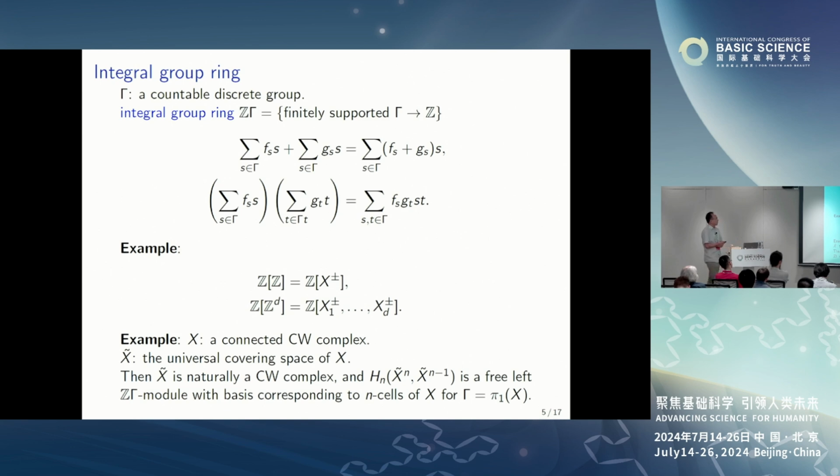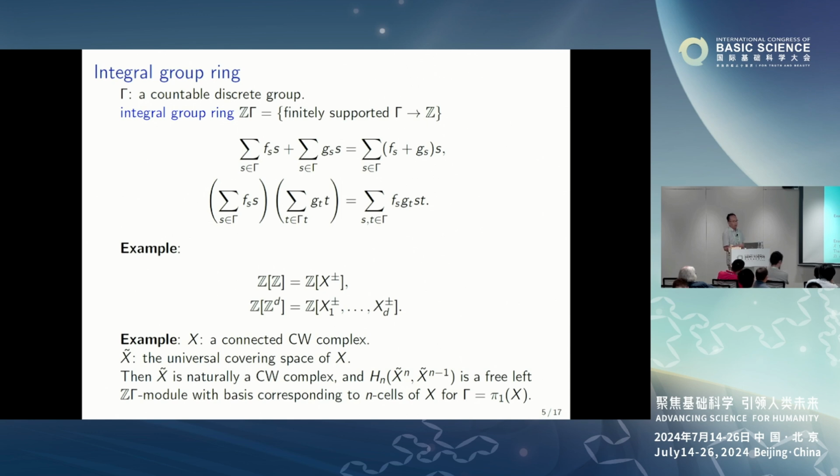Yeah. Then for addition, you just do the addition pointwise: for each group element, add the coefficients together. For multiplication, you just use the distributive law. So you just need to worry about how you multiply f sub s times s and g sub t times t. But f sub s and g sub t are just integers, so of course we know how to multiply them.